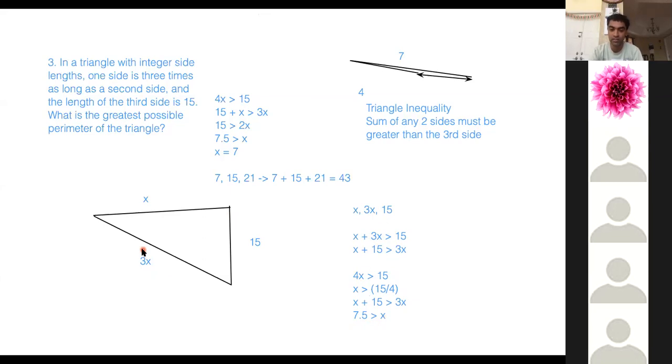Does this make sense? Yes. Okay. So one extension question here: what would be the smallest possible perimeter of this triangle?